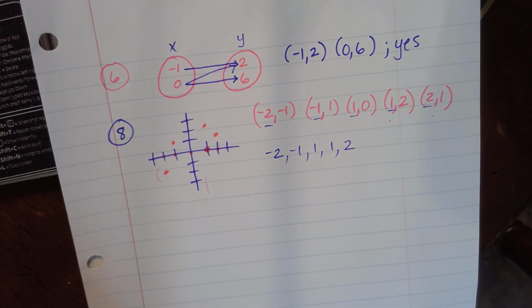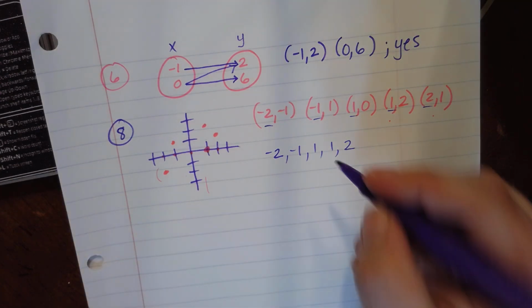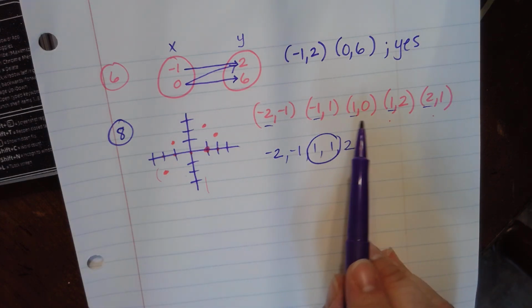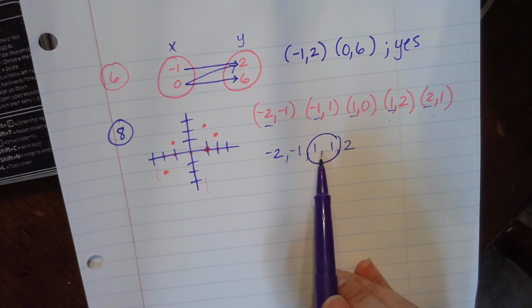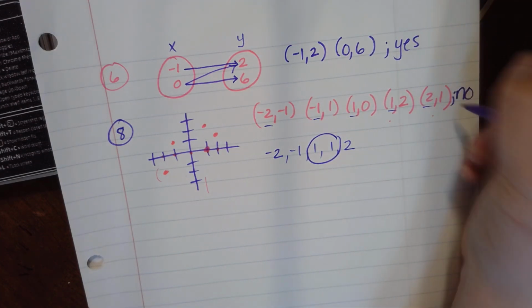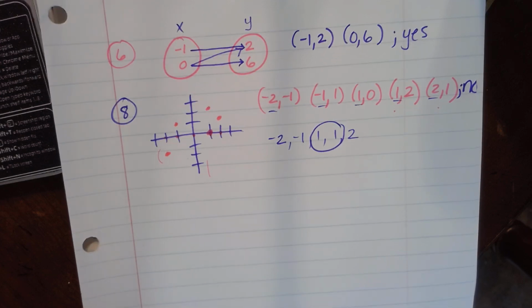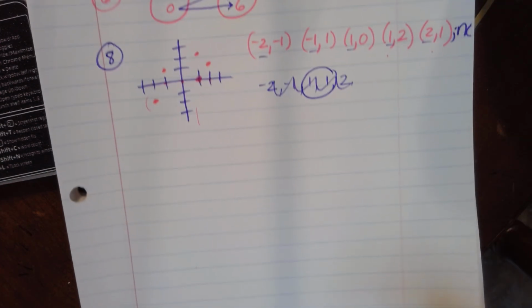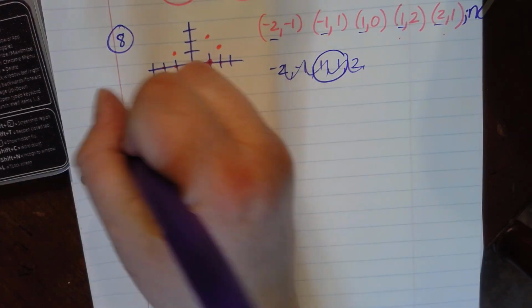So again, the rule for functions is that you only use an x one time. But the problem is, right here, I have two sets that have the same x. So this one will be no, it is not a function. Okay, because again, the x is repeated more than once. Again, you don't have to write that down. All right, let's keep going.